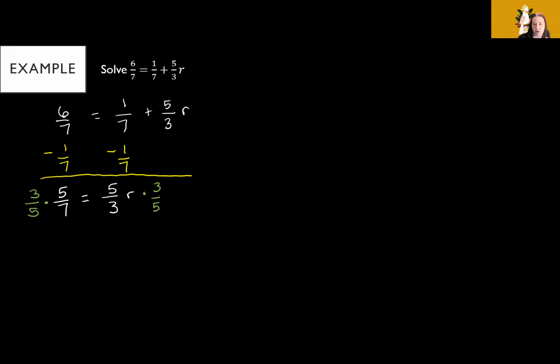So now I'm multiplying both sides, and that will allow my fraction to cancel out on the right, basically. I have a 3 on top, 3 on the bottom, 5 on top, 5 on the bottom, those cancel. On the left, my 5s will cancel. And so when I multiply, I always try to simplify first and then multiply. That gives me 3/7 equals R.